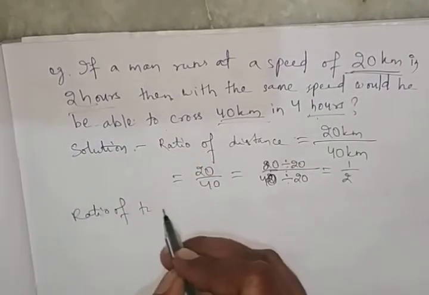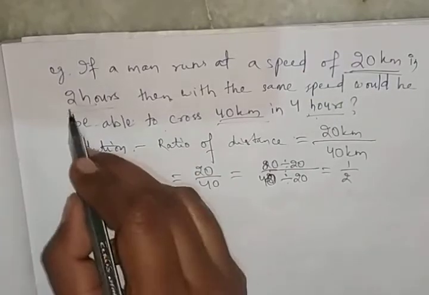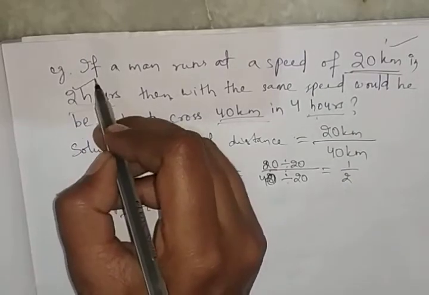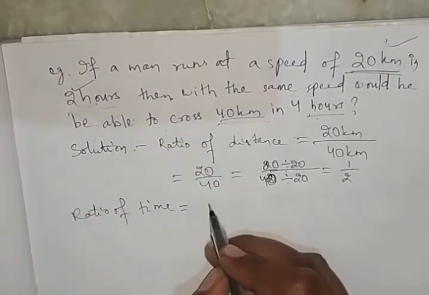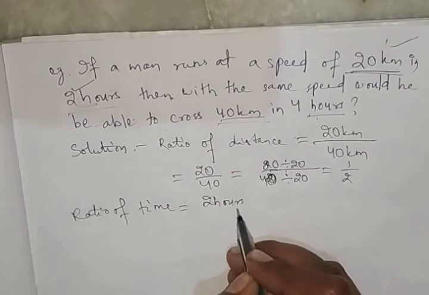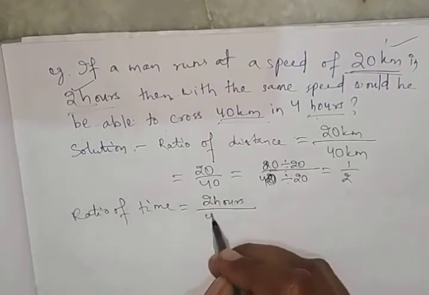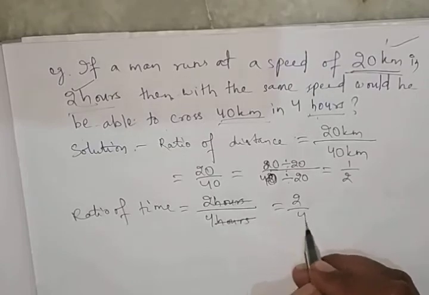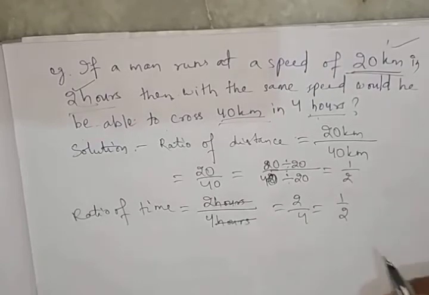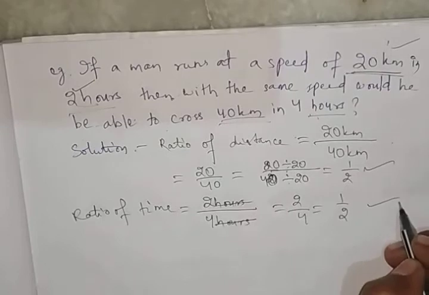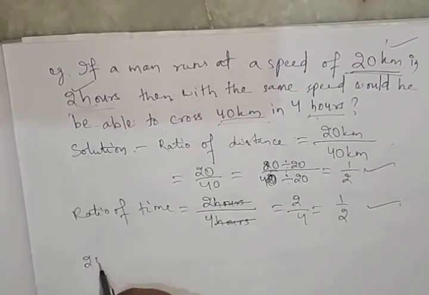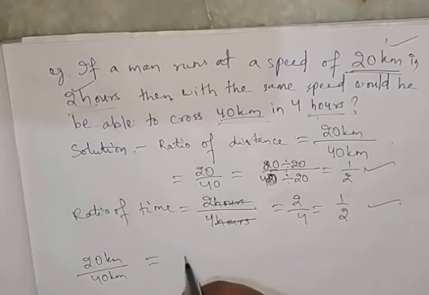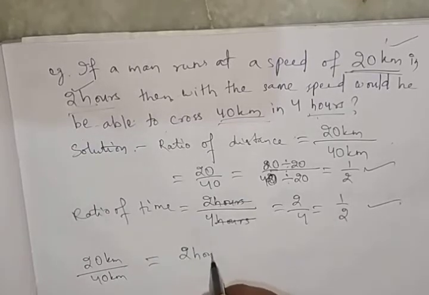Ratio of time is equal to 2 hours by 4 hours. Hours will cancel. 2/4. This is how much? 1/2.